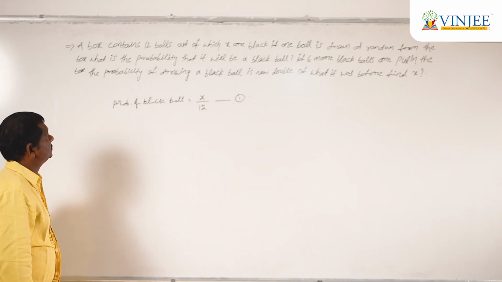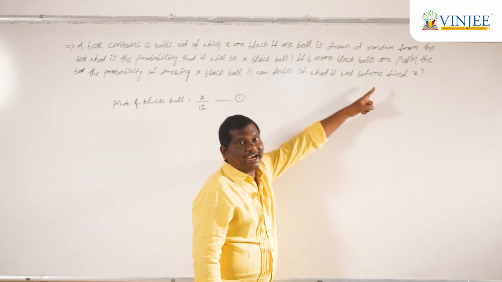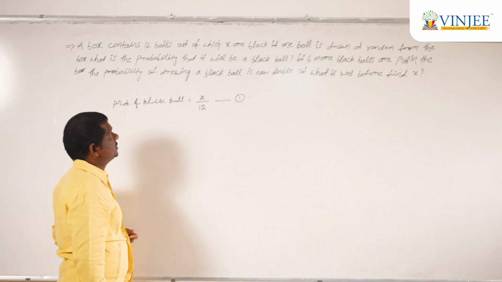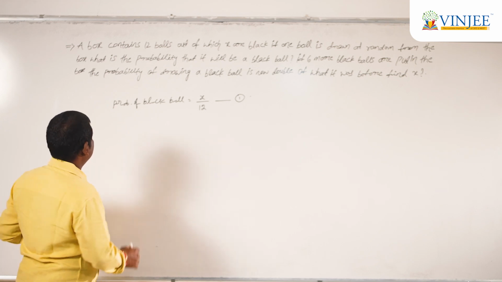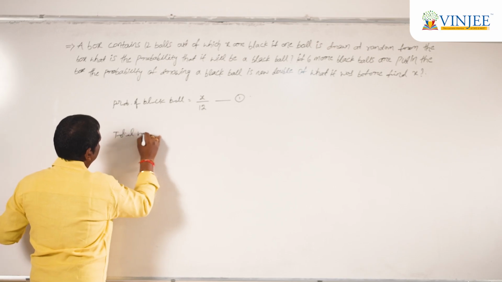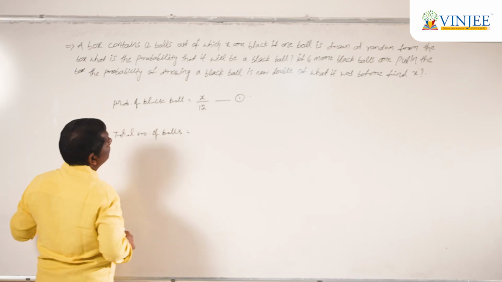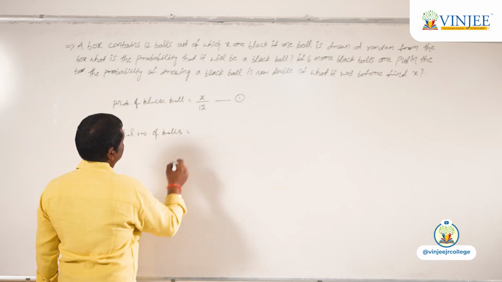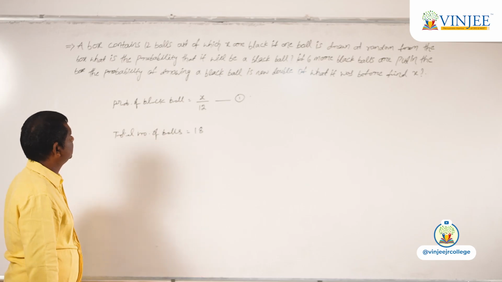Now here, 6 more black balls are added to the box. Therefore the total number of balls should be equal to 18. 12 plus 6 is 18.